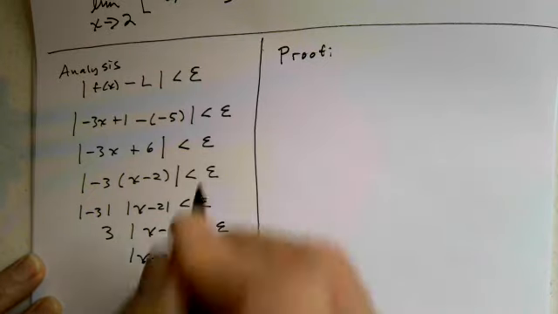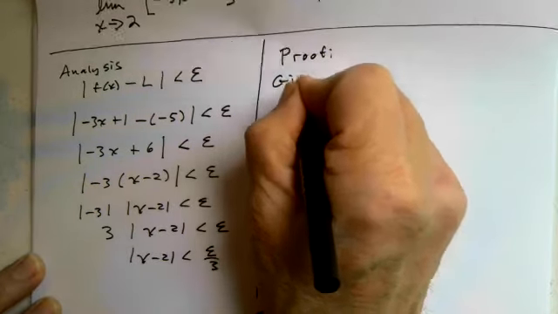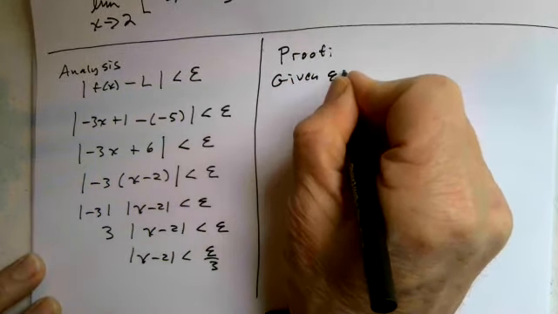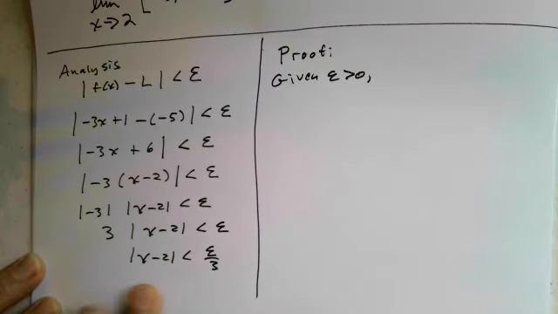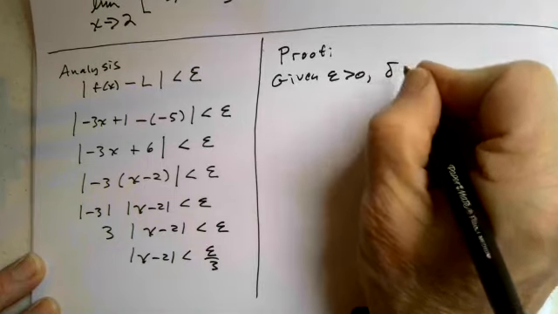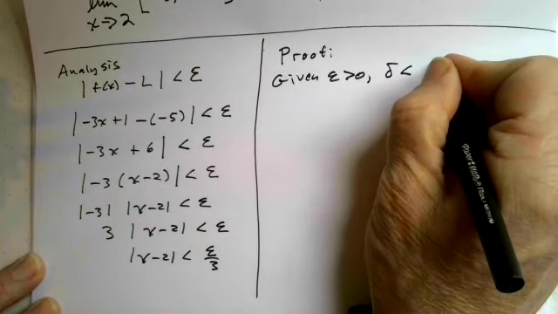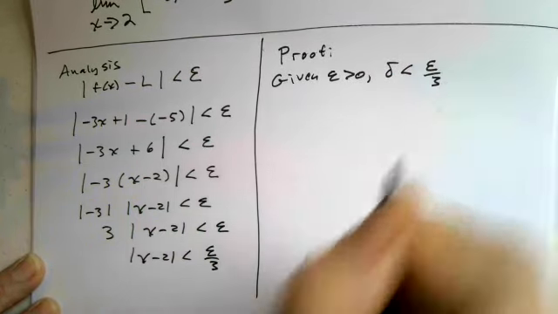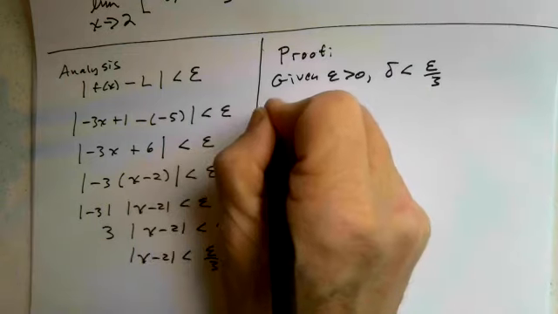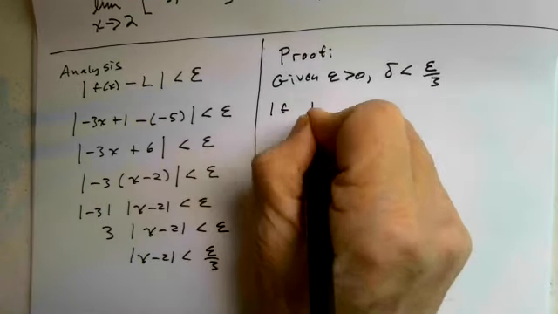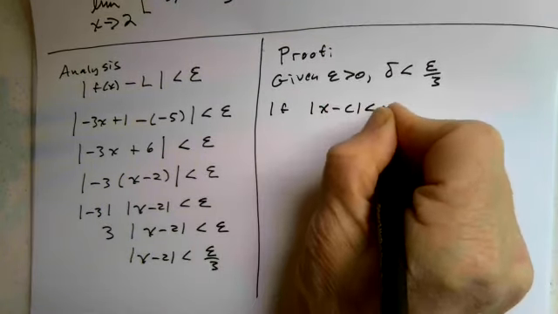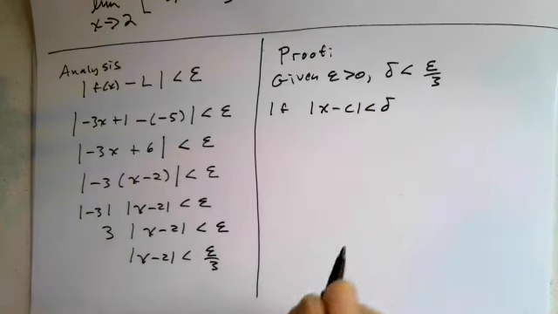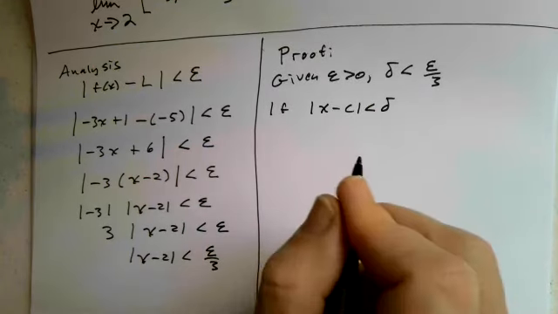Given epsilon greater than 0, choose delta. This is x minus c. That's going to be the delta part. Choose delta less than epsilon over 3. Remember what this starts with. It starts with our if statement. It starts with if absolute x minus c is less than delta and greater than 0, but I'm going to choose to ignore that here.